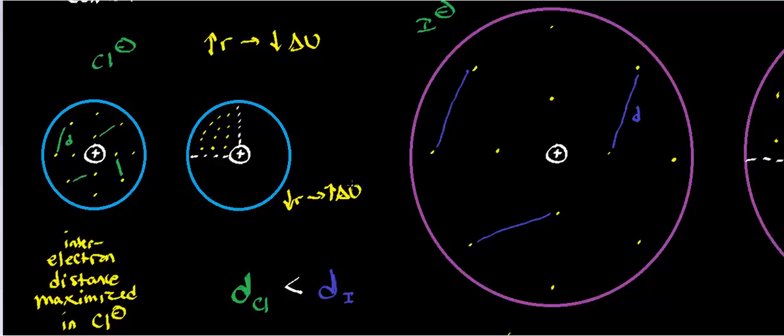Now, there's one other thing that happens here that's really important. You have to think of potential energy in this case like a vector. There's a potential energy between each of these electrons and the nucleus, which is essentially a point charge for our purposes.